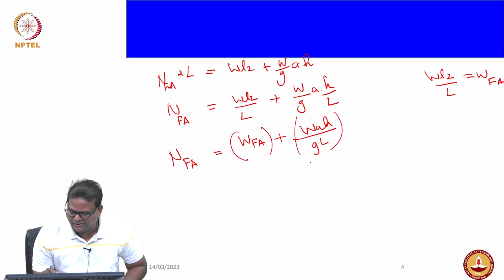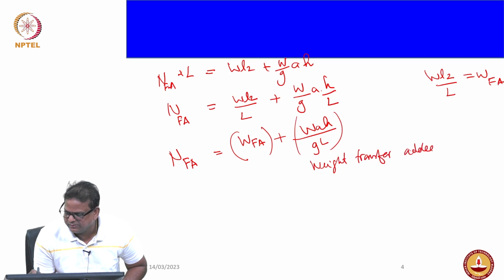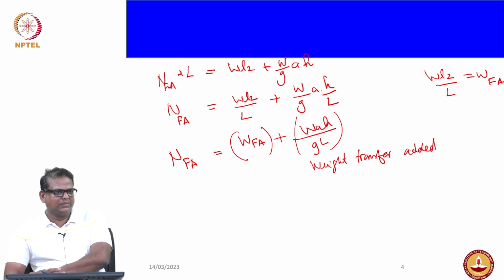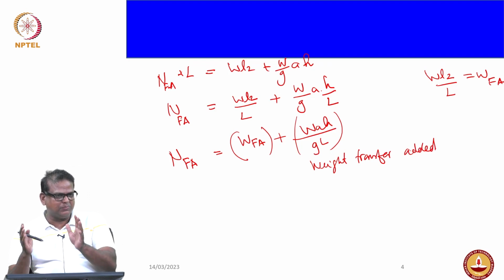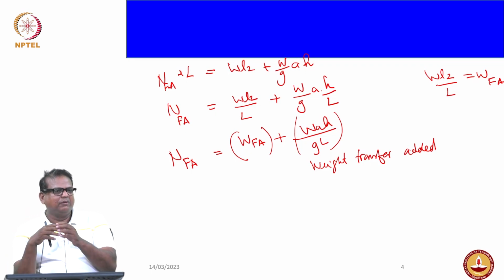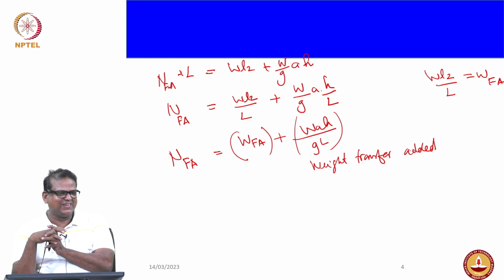This much weight transfer is added, right? Can you see that? So, when you are applying the brakes, this much weight is transferred, it's added. From where is it added? Somewhere else, right?